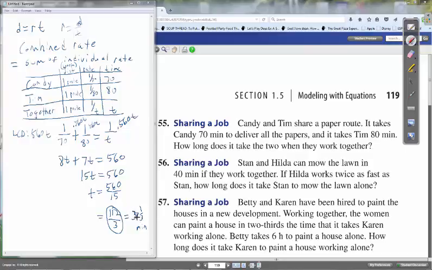So for you, it would probably be 37.33. But it's slightly over 37 minutes. Which, if you think about here, your half of 70 is not a bad approximation. Half of 70 is 35. It took a little longer than that, though, because Tim didn't do the job in 70 minutes. He did it in 80 minutes. So it's longer than 35 minutes to do it together. So 112 over 3 minutes is the answer.